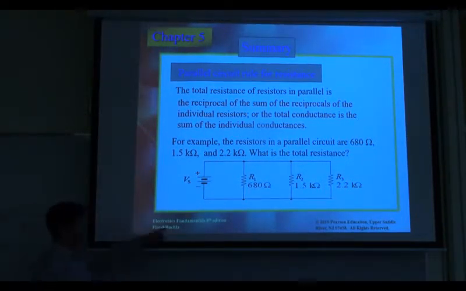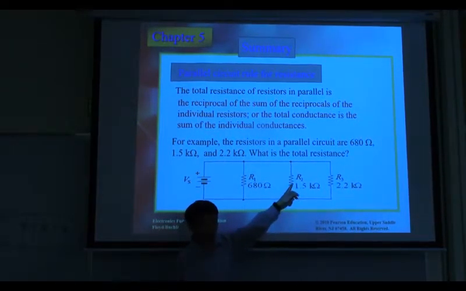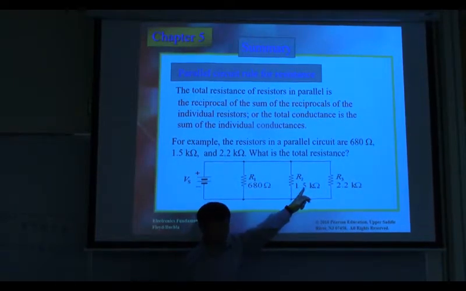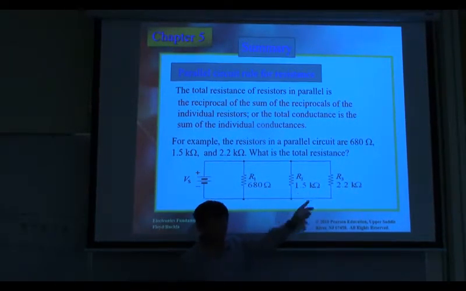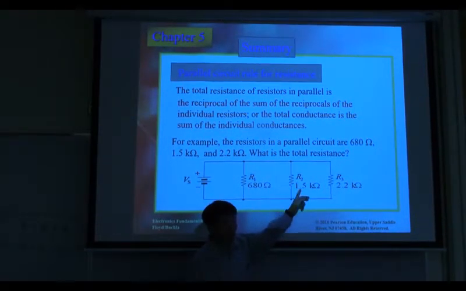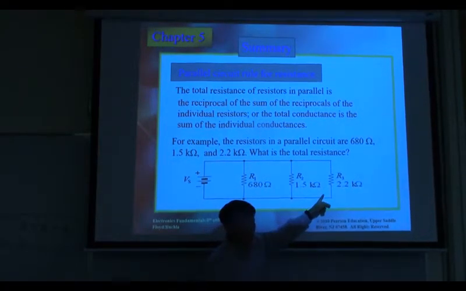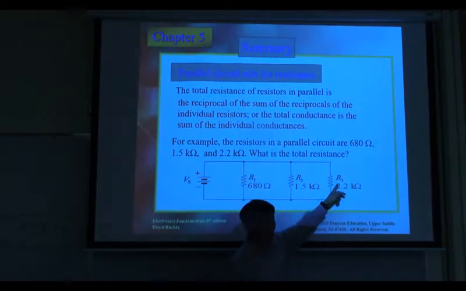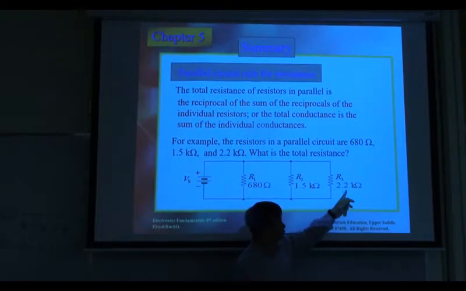We need to calculate 1 over 680 plus 1 over 1500. We need to use the same unit, right? We cannot use 1 over 1.5, then you are going to mess up again. 1 over 1500, plus 1 over 2200.